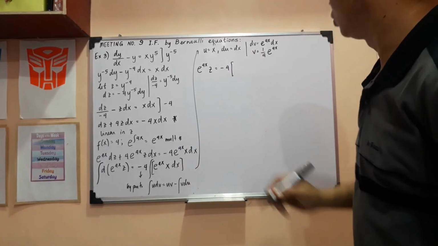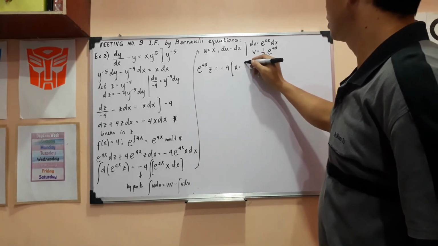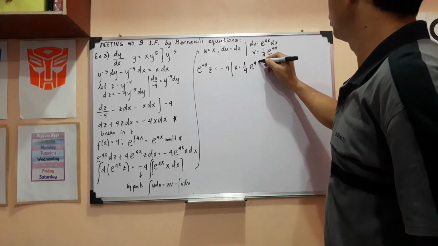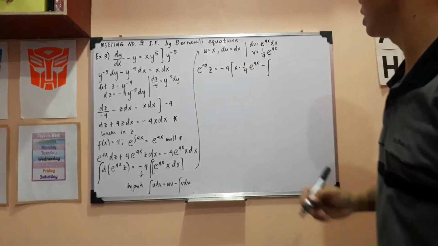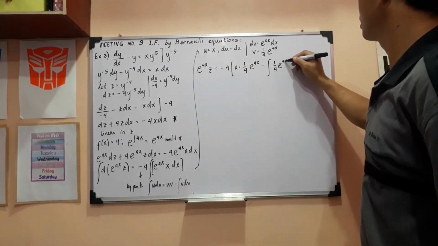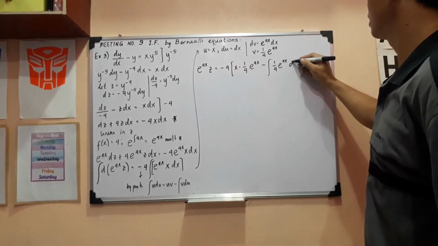U is x and v is 1/4 e raised to 4x, uv, and then minus integral of v, 1/4 e raised to 4x, and du is dx.